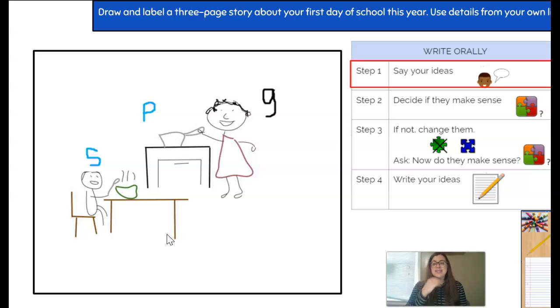Now that I've said my idea of soup, let me think about how I need to write the letter P. I could always go back to my letter card chart to look at the letter P, but I know how to write the letter P because I labeled my picture of a pot.